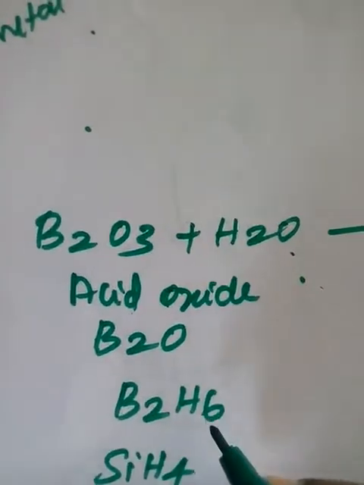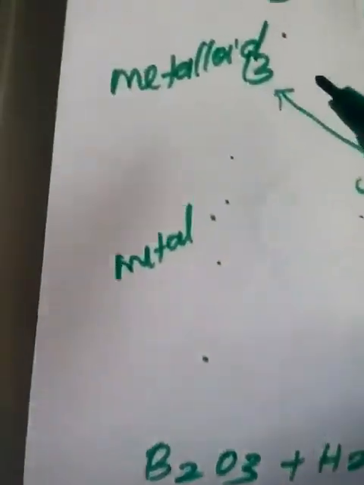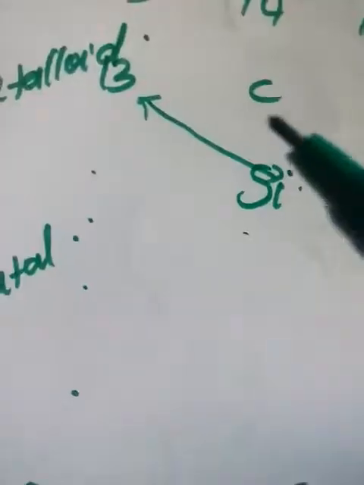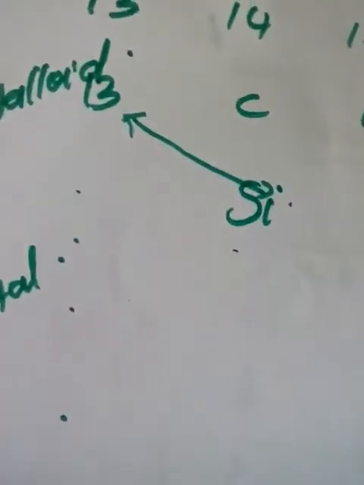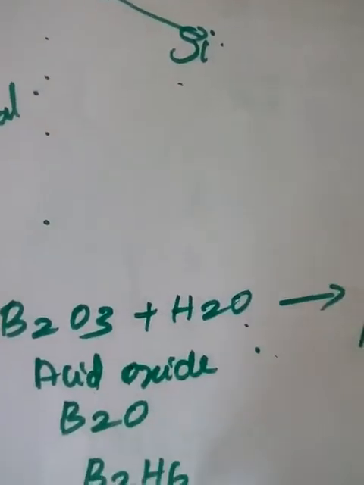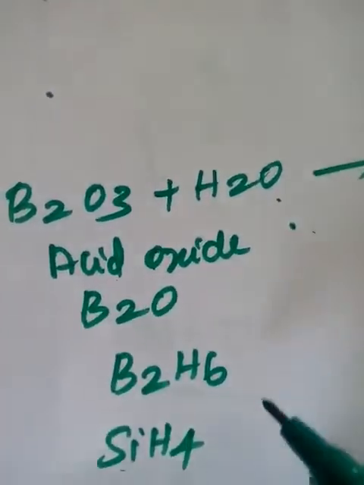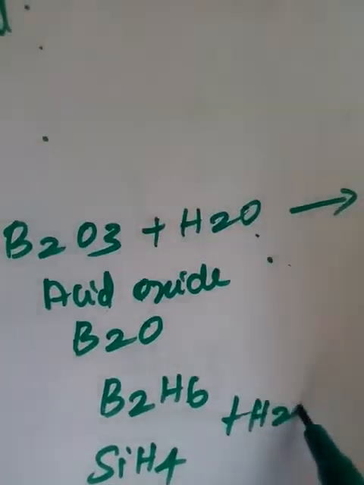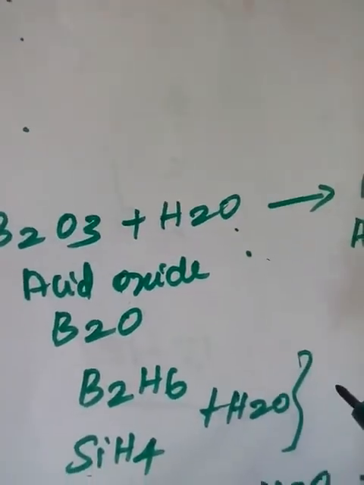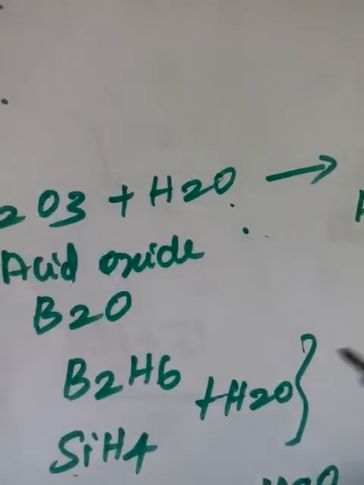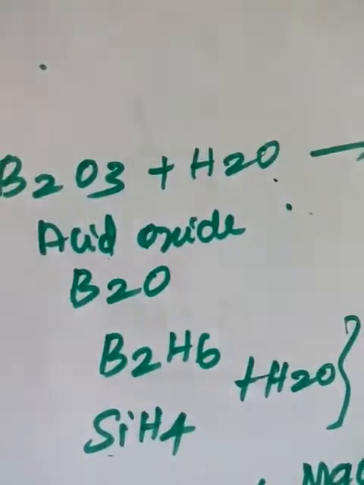So hydrides can be formed by boron as well as by silicon. These can be easily hydrolyzed, dissolve into water, and give the respective products, silane and borane.